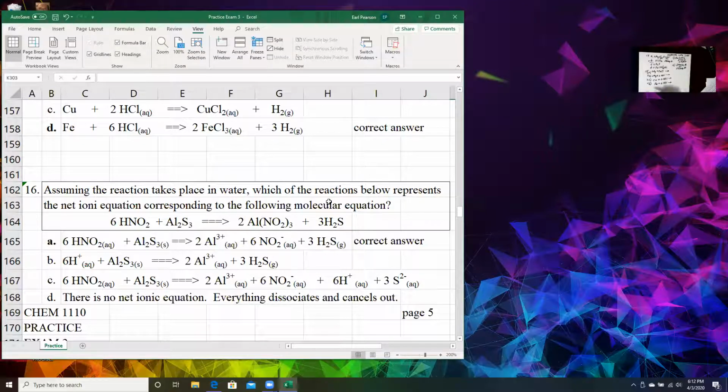So I've got number 16, the molecular equation is 6HNO2 and Al2S3 goes to 2Al(NO2)3 and 3H2S. Okay, so let's switch back so you can see my pad again.